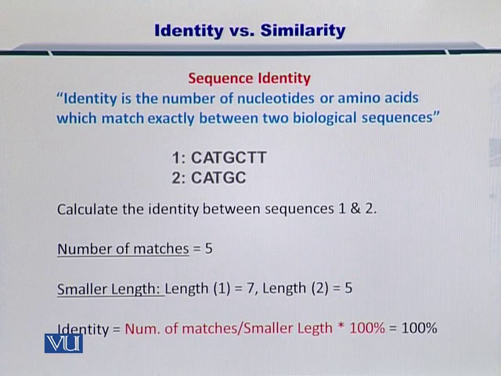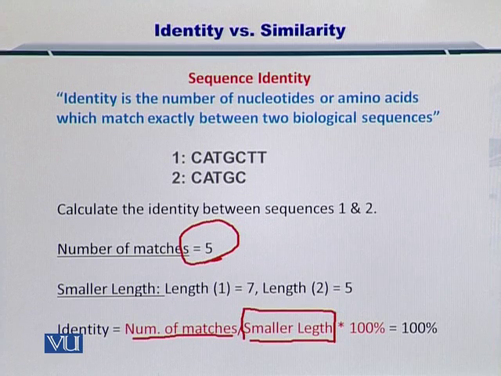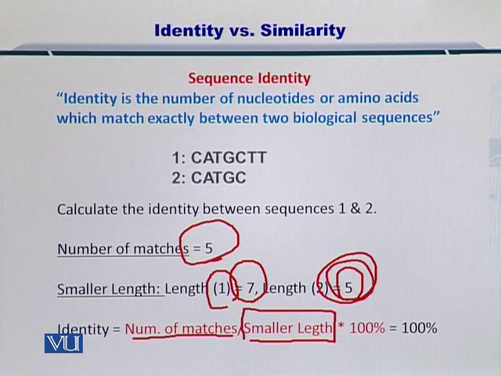Next, you need to apply this simple formula wherein identity equals the number of matches, that is 5, divided by the smaller length. As you just saw, the smaller length was 5 because sequence number 1 had a length of 7, so you selected 5.